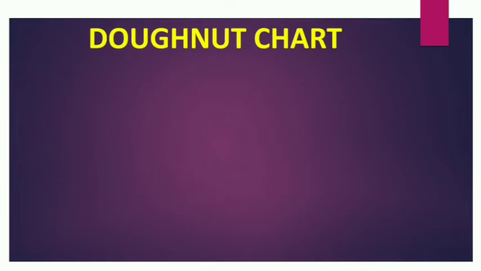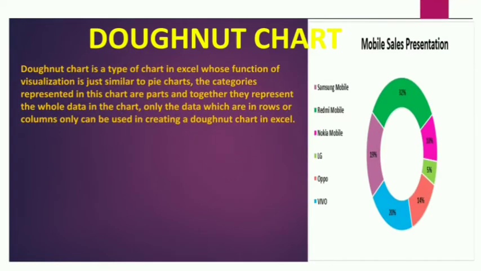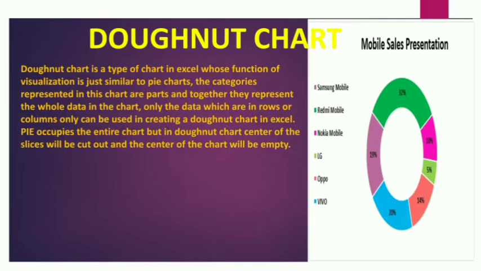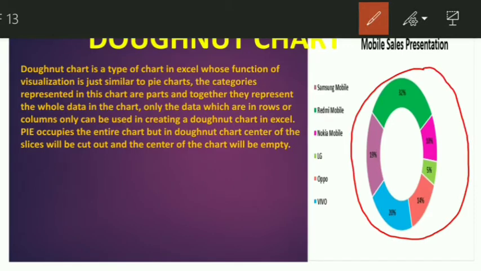Next is doughnut chart. Doughnut chart is also circular in shape. That means it is similar to the pie chart, but the difference is that the center part is empty, whereas in the pie chart it occupies the entire chart.